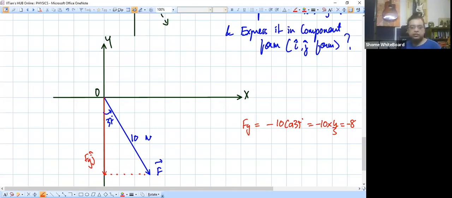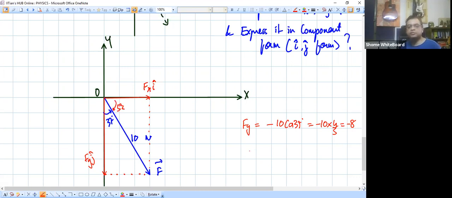Whereas when you drop the perpendicular on the x-axis, you can see it's falling on the positive side. So you can see that this component fx will be positive. So here, how much is this angle? This angle is 53, right?